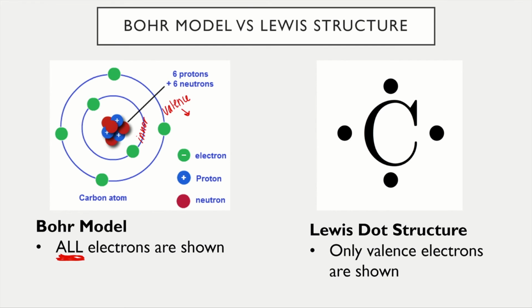Now our valence electrons are those found in the outer shell. And our Bohr model is actually going to show the number of protons and neutrons as well. So in this example, we're looking at a carbon atom. So actually, both of these are going to show us carbon atoms.